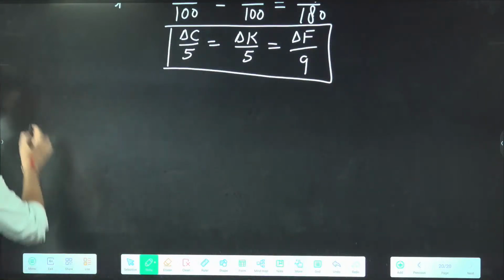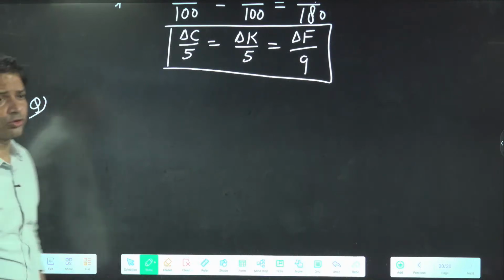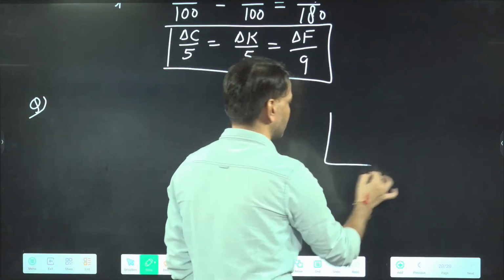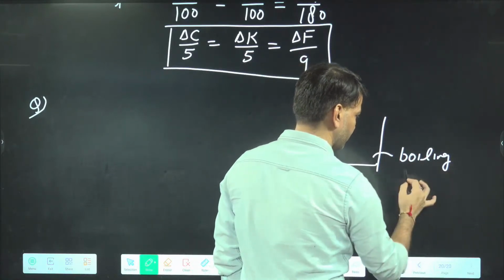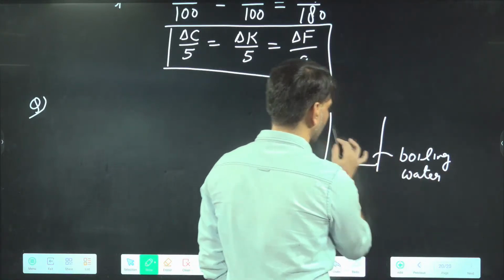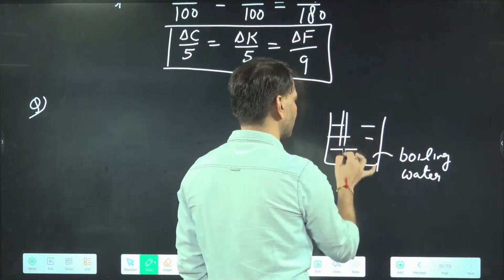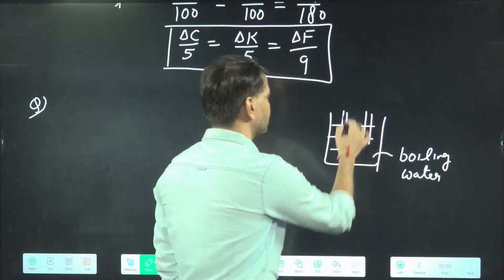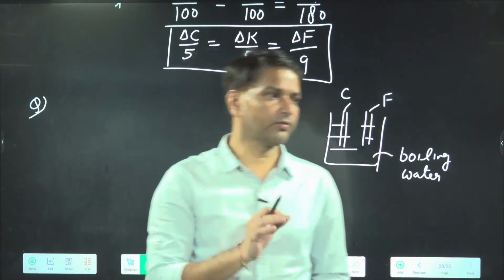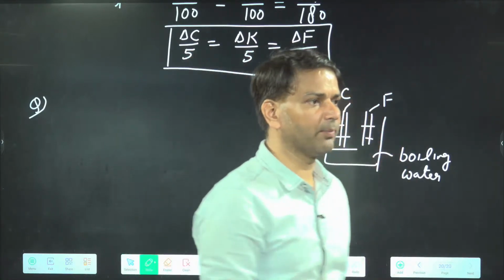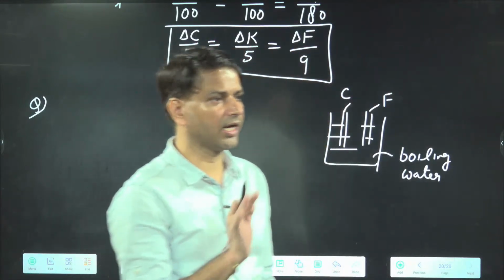Now one question. Suppose you have boiling water, and you have put in two thermometers, one Celsius and one Fahrenheit thermometer.